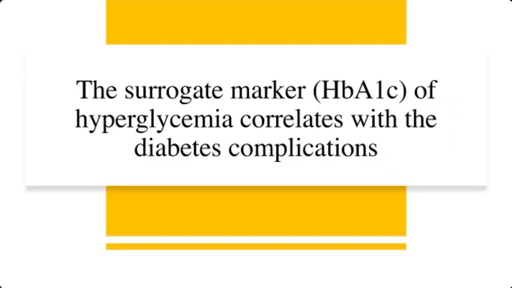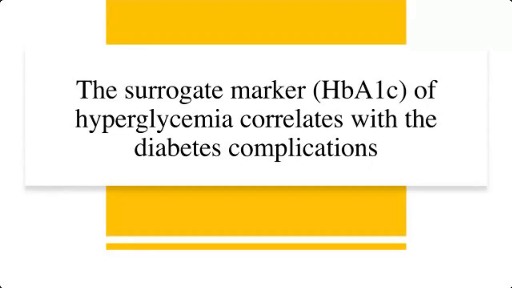So for the first time, the ones who got controlled blood sugar, using the surrogate marker of hyperglycemia, hemoglobin A1C, it correlates with diabetes complications. So the ones with lower hemoglobin A1C get lower diabetes complications, mainly microvascular complications, retinopathy and albuminuria.